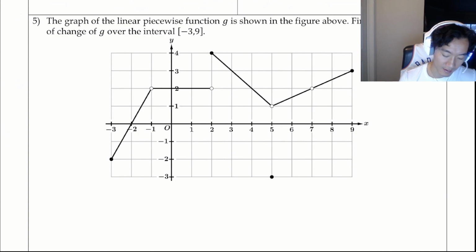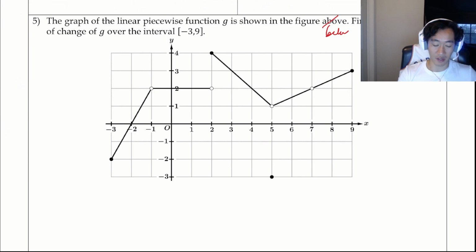Now let's move on to this next part, right? This is saying that the graph of the linear piecewise function g is shown in the picture below. Find the average rate of change of g over the interval -3 to 9. So again, I am going to cheat. Well, I say cheat, not really cheat. You totally can just plug this into the average rate of change formula.